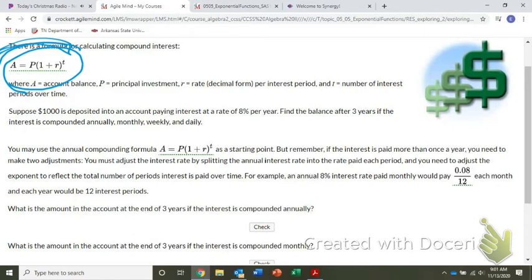So, on number 6, I want you to write A equals P times 1 plus R over N, to the power NT.